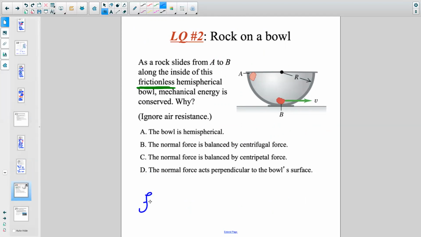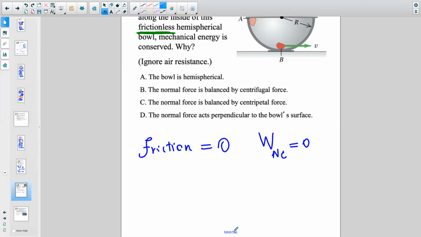Friction is not present, it is zero, so the work done by the non-conservative force is zero. In other words, the energy is not going to transform to heat because of friction, because the friction is not there.